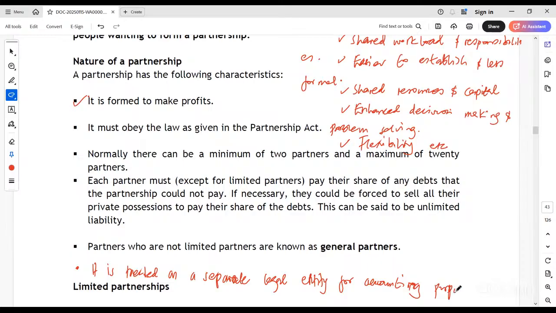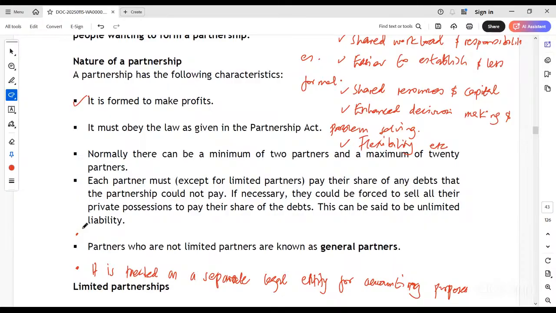Yes, however much we see that the partners have unlimited liability, for accounting purposes a partnership is treated as a separate legal entity, meaning that the financial records of the partnership are kept distinct from the financial affairs of the individuals.